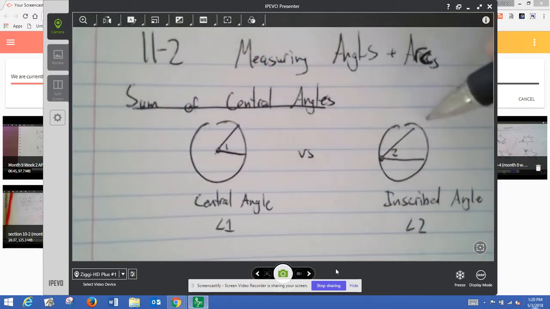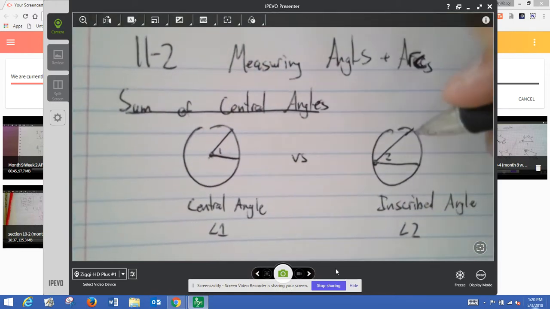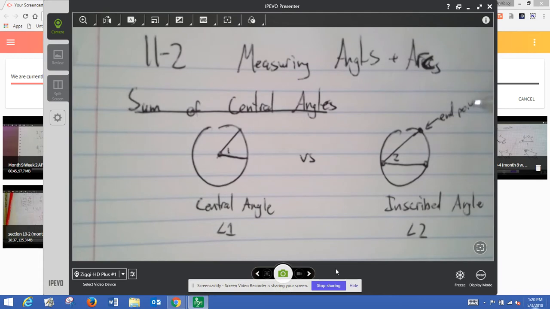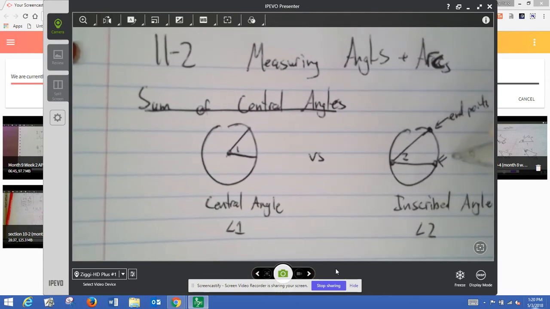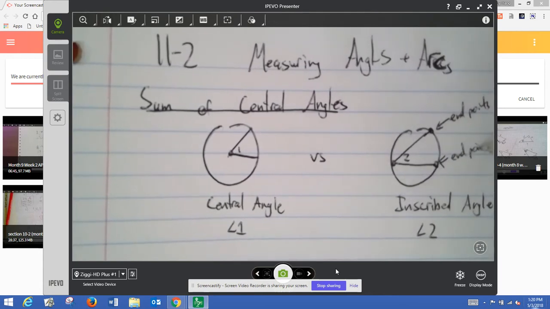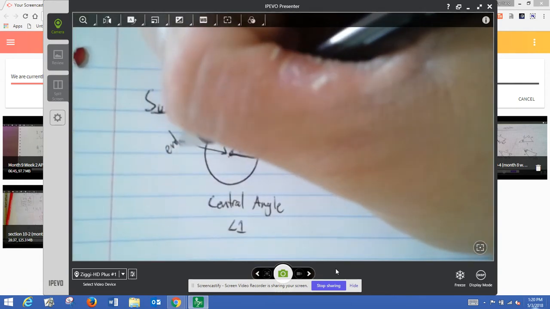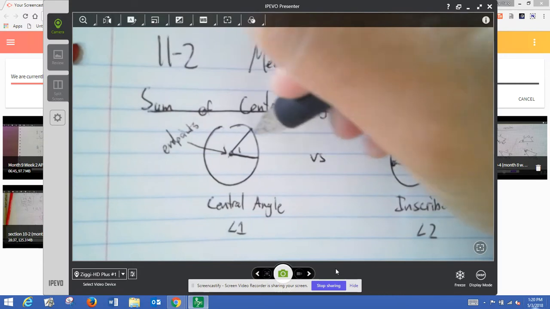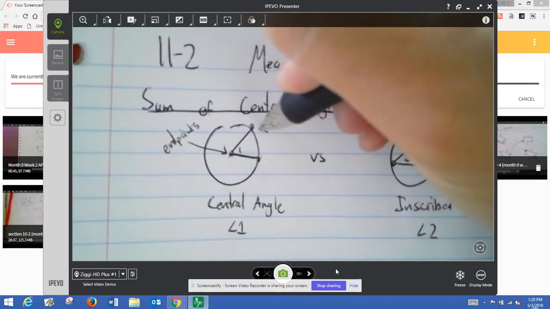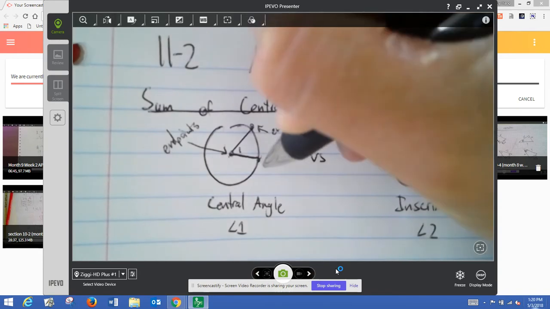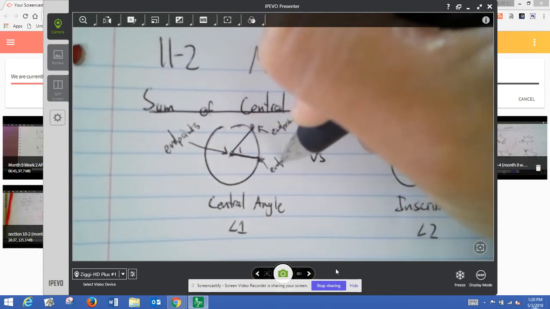An inscribed angle means that your endpoints, in case you don't know, these are endpoints. In fact, this is still technically an endpoint as well. All these are endpoints. Endpoints are just where your lines stop. You kind of get the idea now, right?